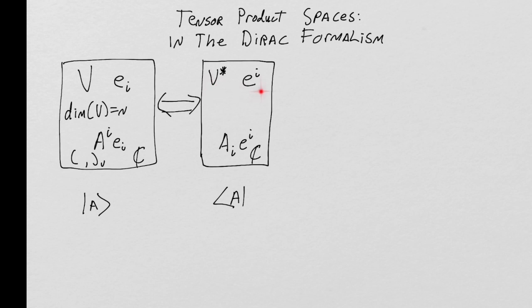But remember, the dual space is just a vector space. It's just a vector space where these objects are maps that take vectors into the complex numbers, the field of scalars. So using the Dirac notation, we turned this very basic mathematical naked vector space into this ket space and into this bra space.